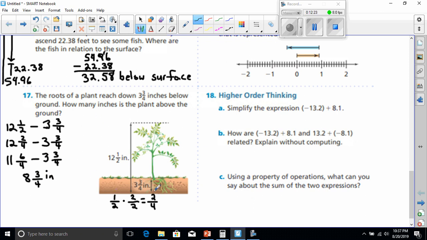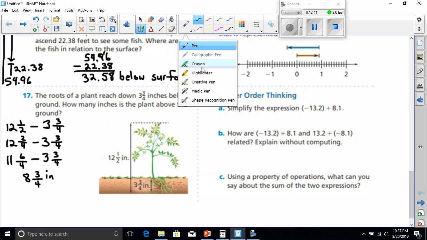Now, some of you are probably thinking, hey, Mr. Mendez, we learned to go ahead and take those fractions and turn them into improper fractions in order to do this. So if we were at the step right here where we had 12, and I'm just going to highlight this really quick so you guys can see what I'm talking about.